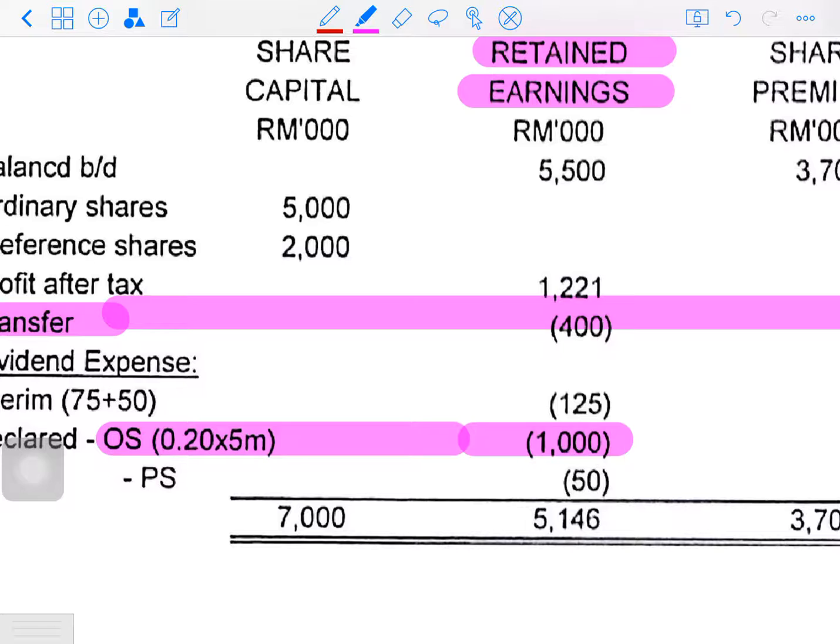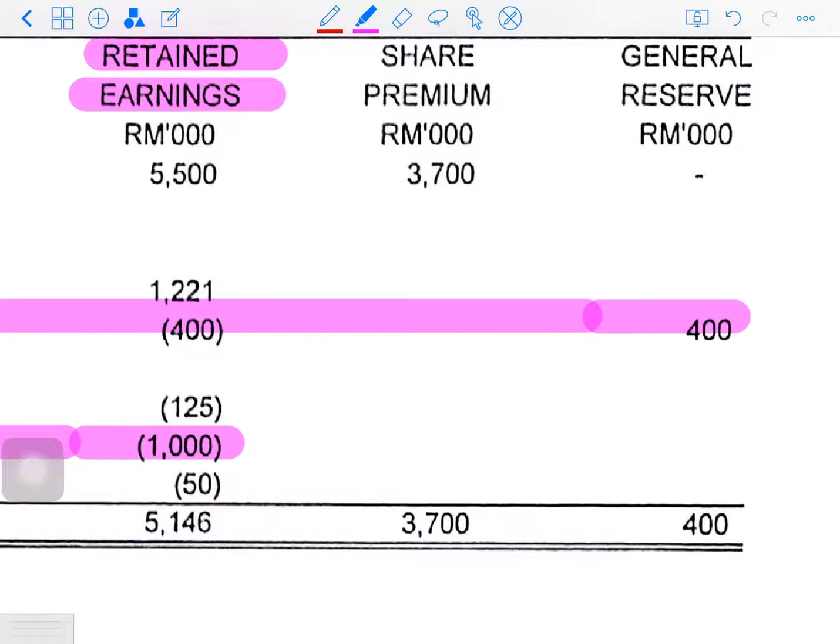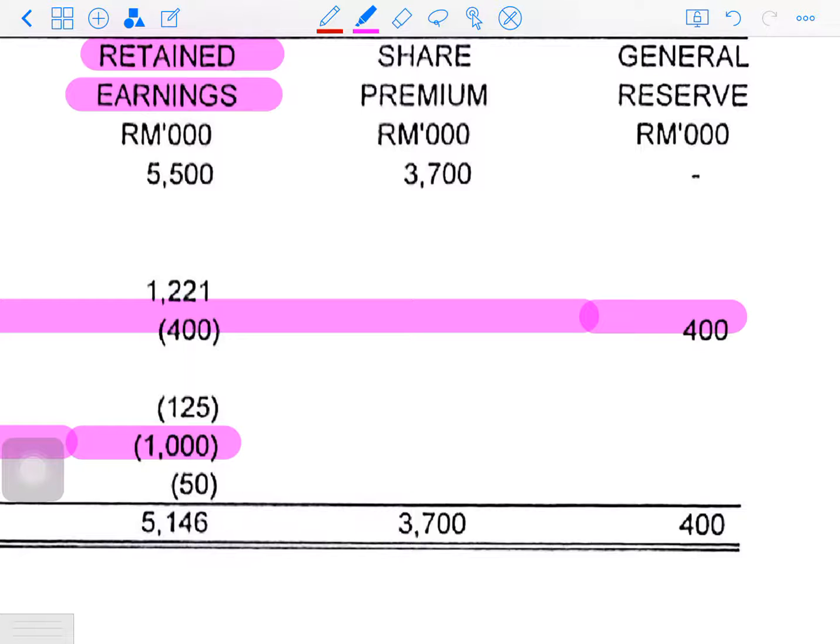Ordinary dividends to ordinary shareholders, declared at 20 cents per share. We have to look into the dividend payable.